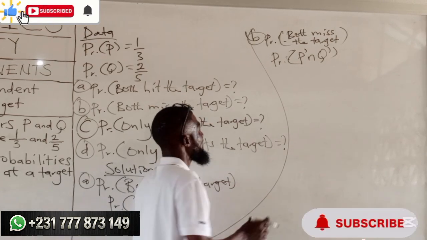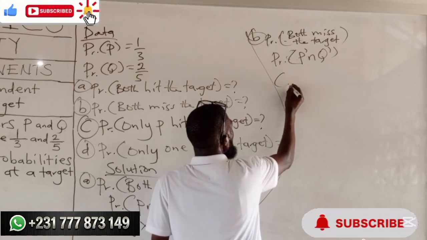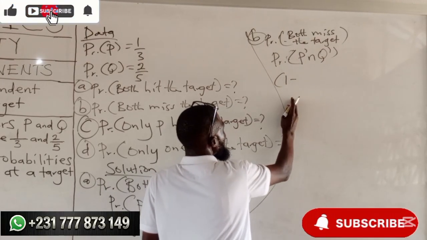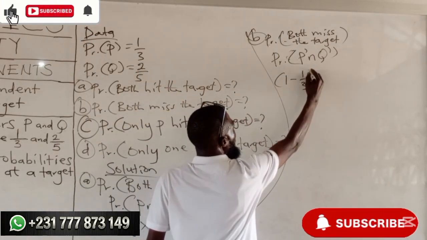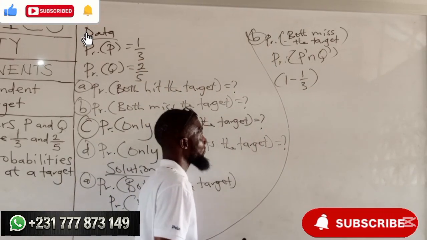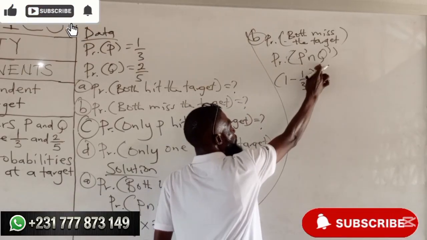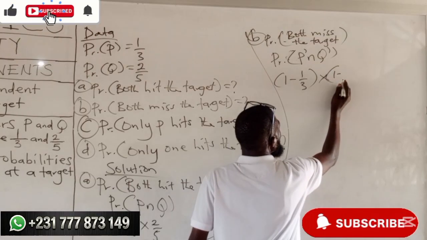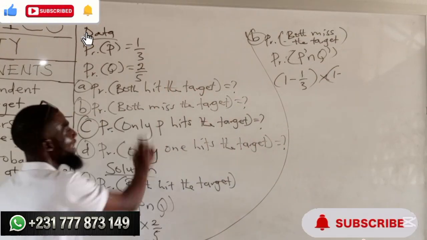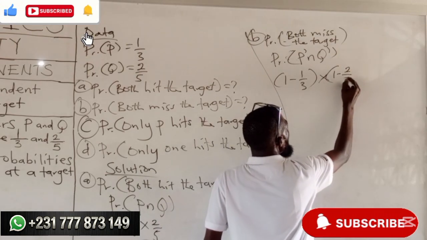On this note, ladies and gentlemen, the probability of P missing the target is 1 minus the probability of P, which is 1 over 3, times the probability of Q missing the target, which is 1 minus the probability of Q, which automatically becomes 2 over 5.